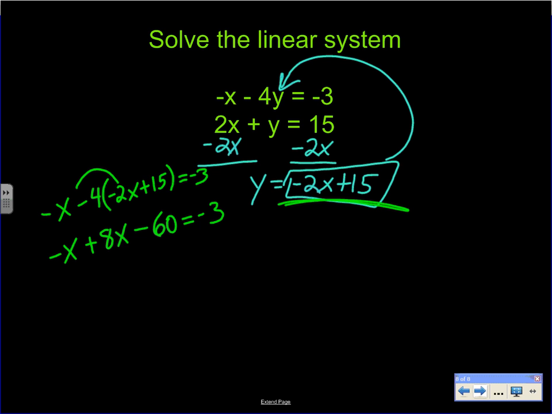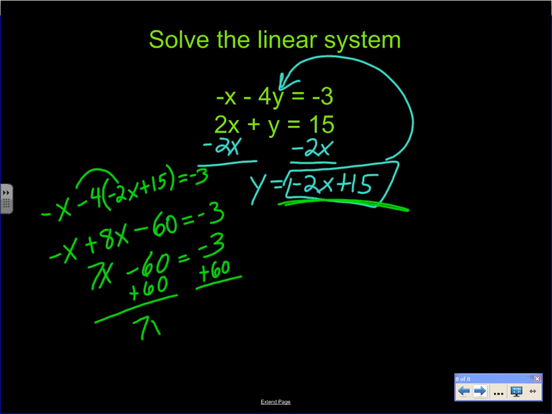Let's go ahead and combine like terms here. -x plus 8x will give you a 7x. Drop everything else down. And how do we get x by itself? We're going to add 60 to both sides.